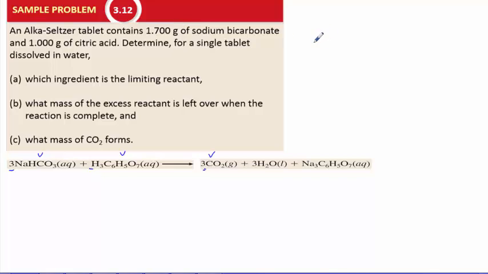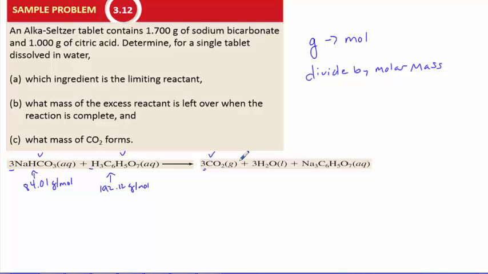To convert from grams to moles, we do this by dividing by the molar mass. To get the molar masses of each, we add up the atomic masses of each element. Go ahead and do that for sodium bicarbonate, that is 84.01 grams per mole. For the citric acid, that's 192.12 grams per mole.